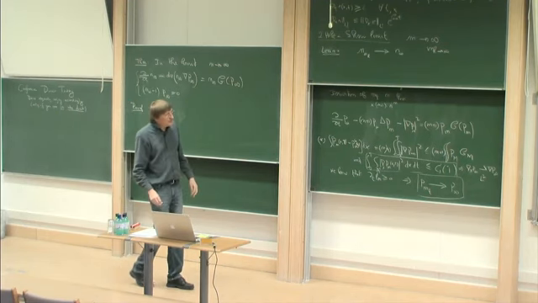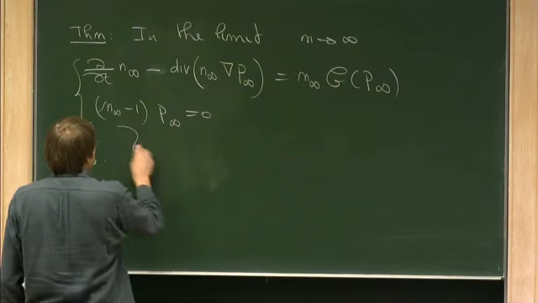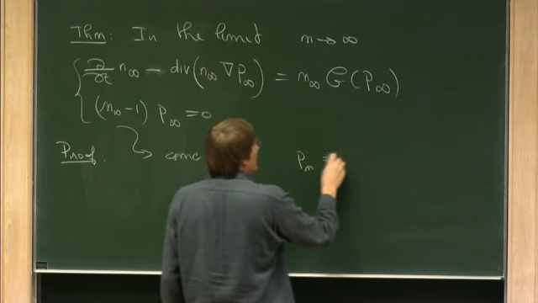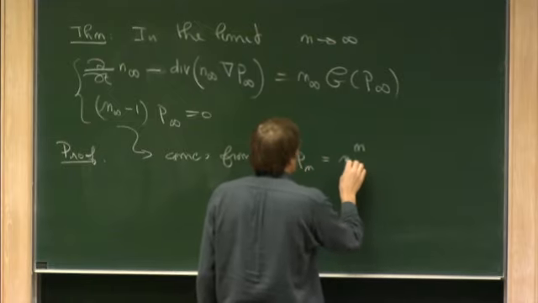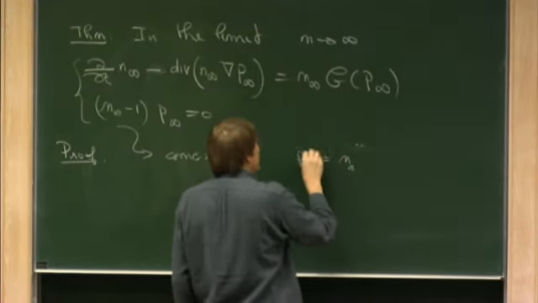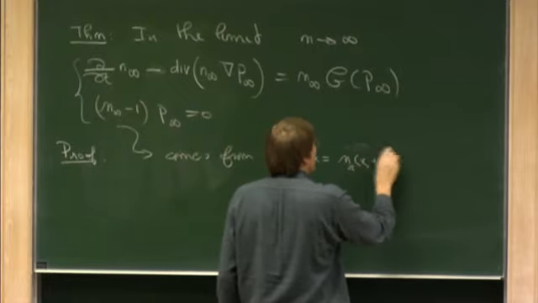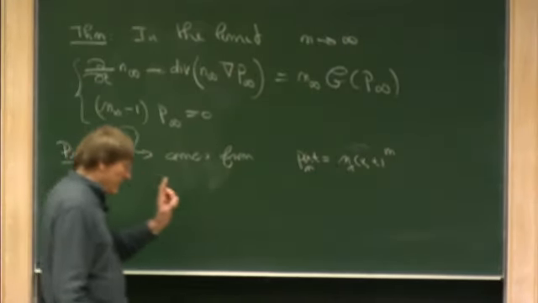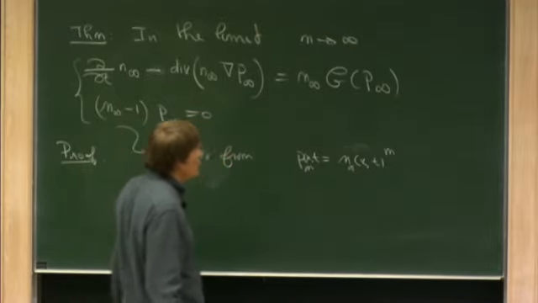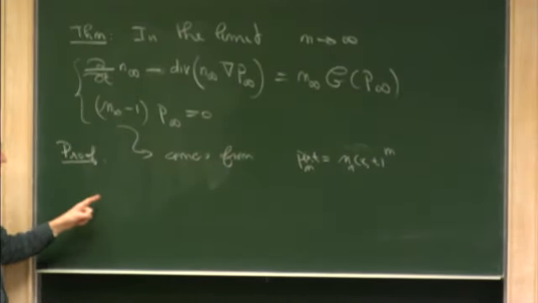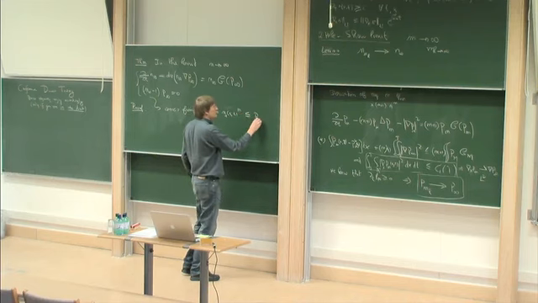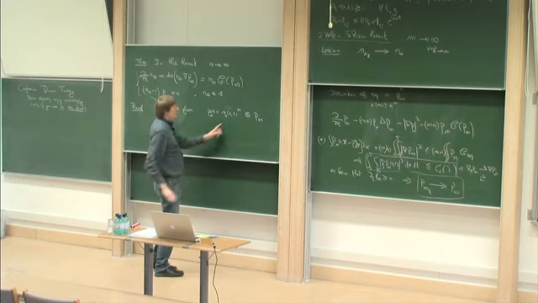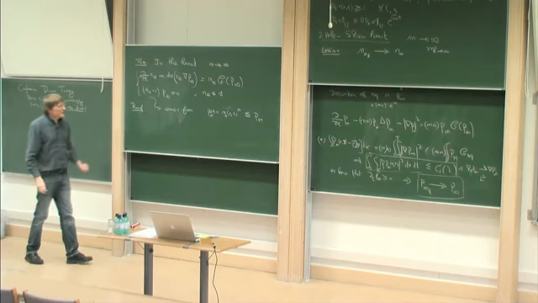This relation comes from p_m equal n to the power m. So when m converges to something which is less than 1, this is less than p_m. This also means that n infinity is less than 1, because from that you deduce that the limit can only be less than 1.